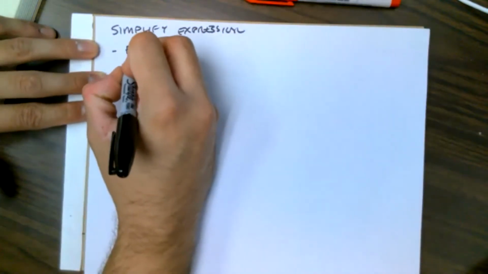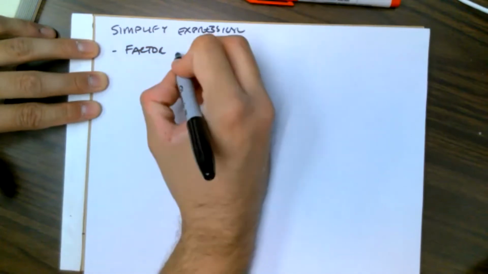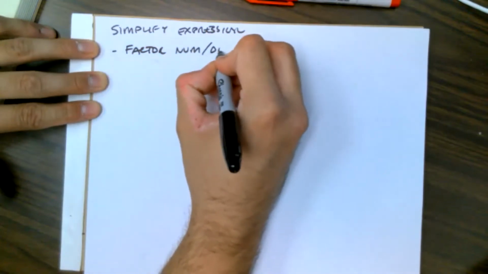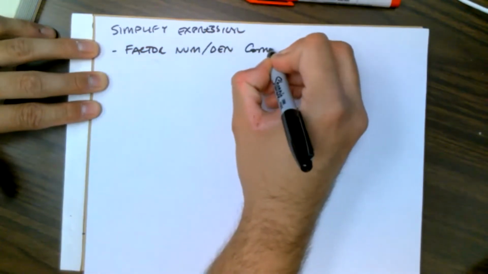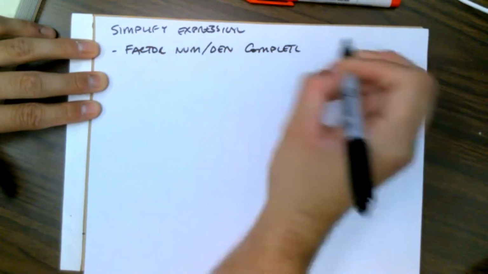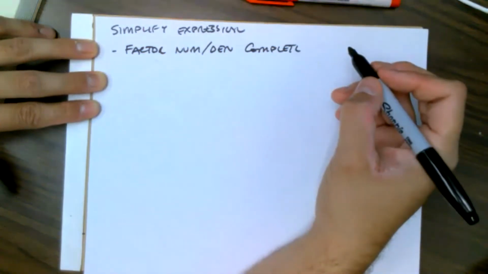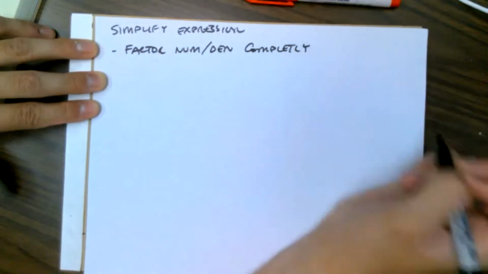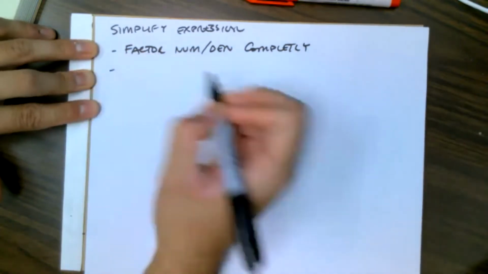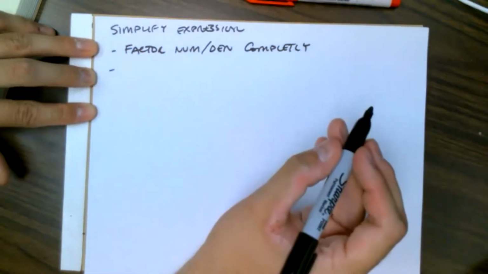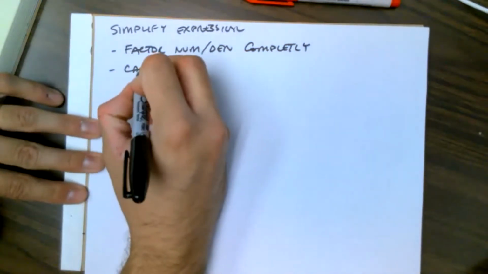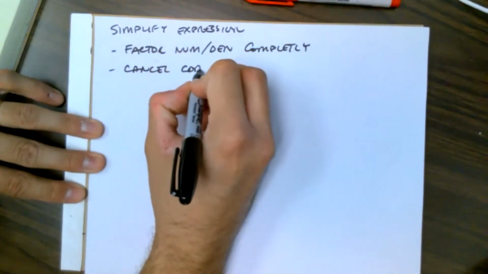You're going to factor the numerator and denominator completely, and then cancel common factors.